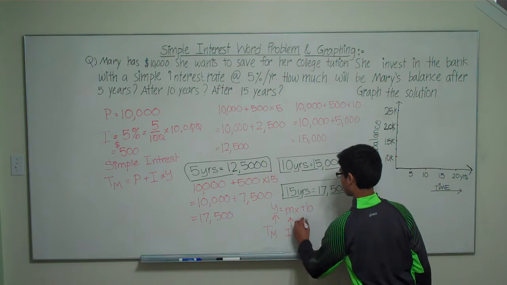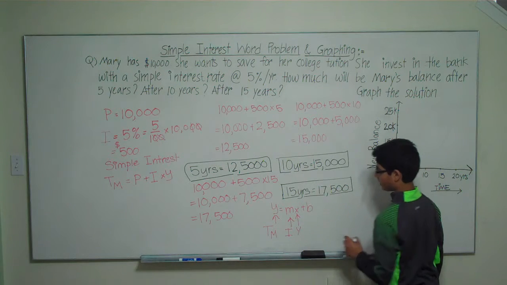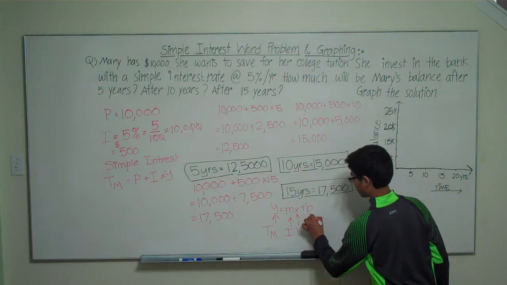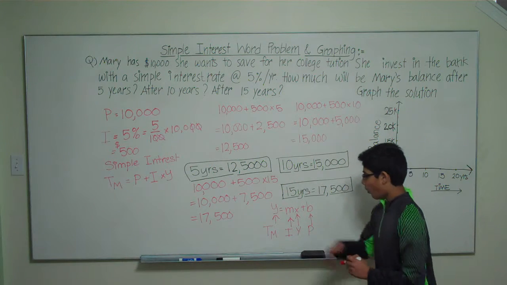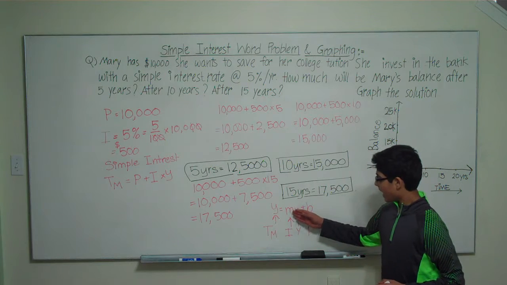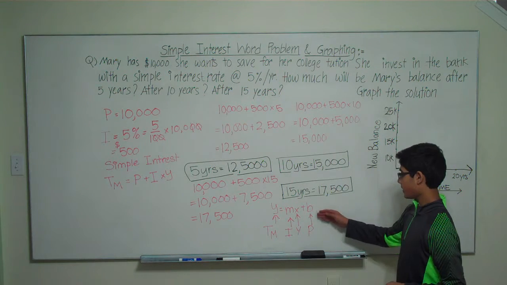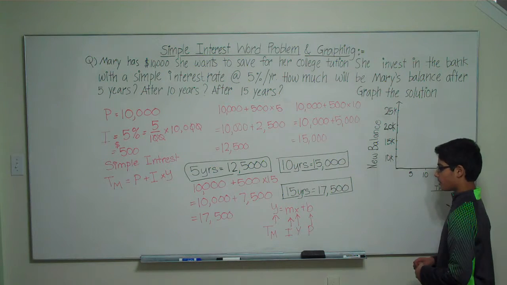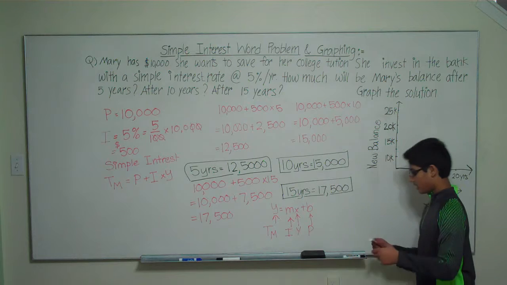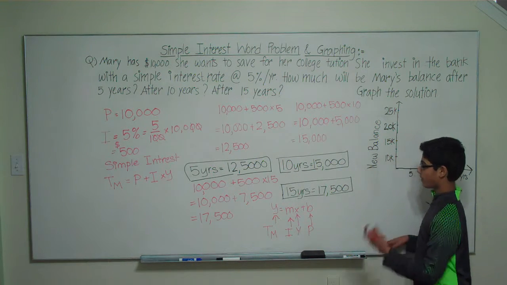x is the years, and b is the principal amount. So, y is the total money, m is the interest, x is the years, and b is the principal amount. So, let's write the equation of this problem.